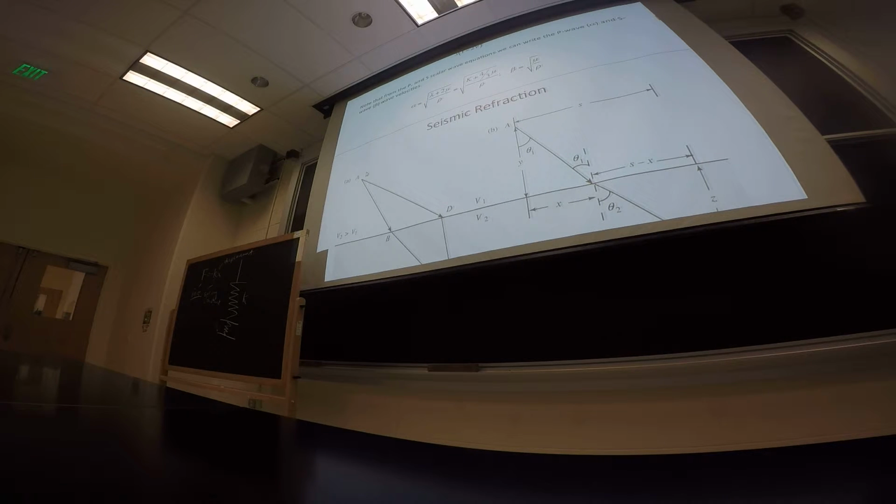Do we have any mu? Mu is 0, right? Mu is 0 for a fluid. So the shear velocity in a fluid is 0. The p-wave velocity is simply then dependent upon the bulk modulus. And all you get is a pressure wave. You can't get a shear wave in a fluid.